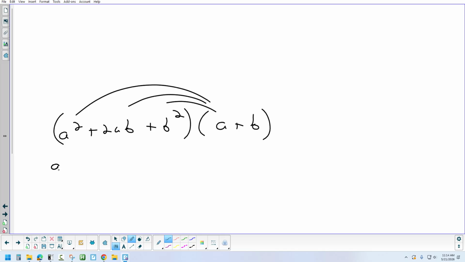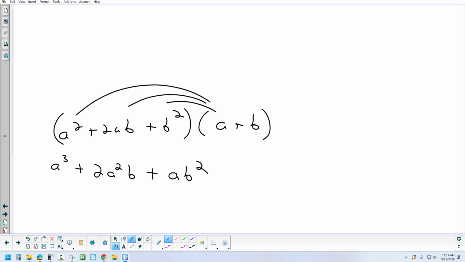A cubed plus 2a squared b plus a squared b. I'm just going to keep everything in alphabetical order, so I'm going to write it as ab squared. Okay, and now we have to distribute the b to everything.